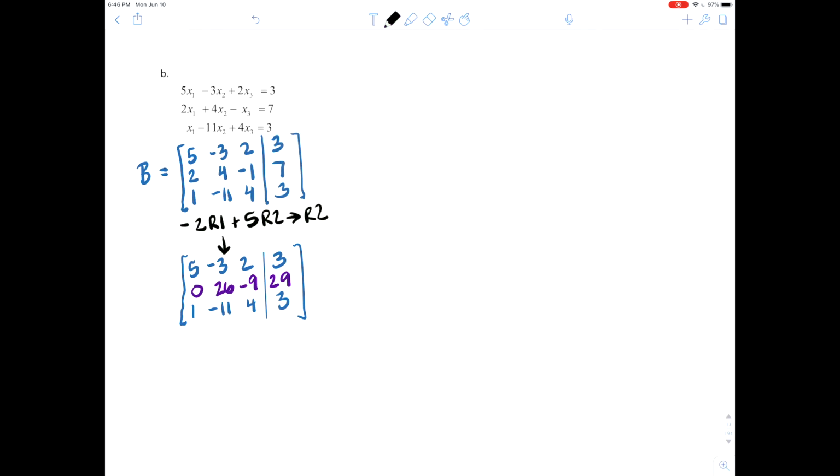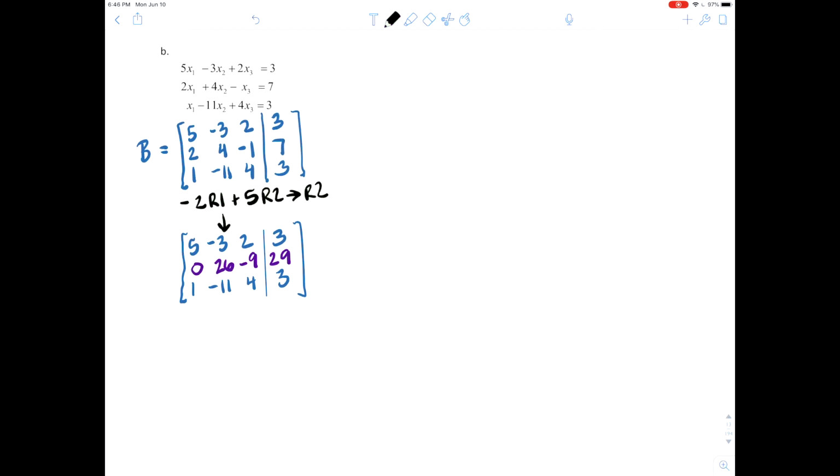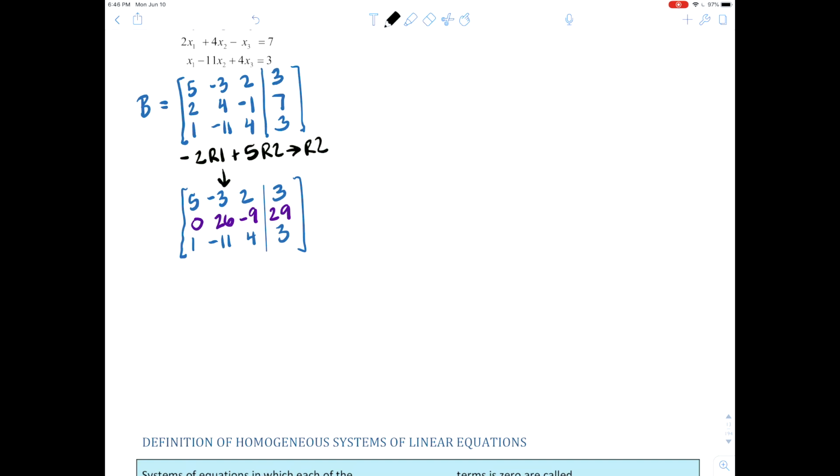All right. So next up, let's zero out the 1 that's in the third row and first column. So when we do this, we will have to what? I'll do negative row 1 plus 5 times row 3, and that'll give us a new row 3.